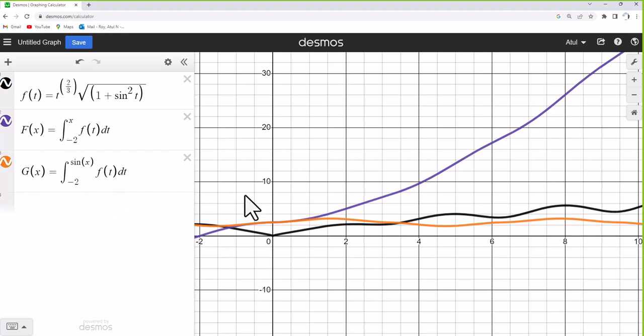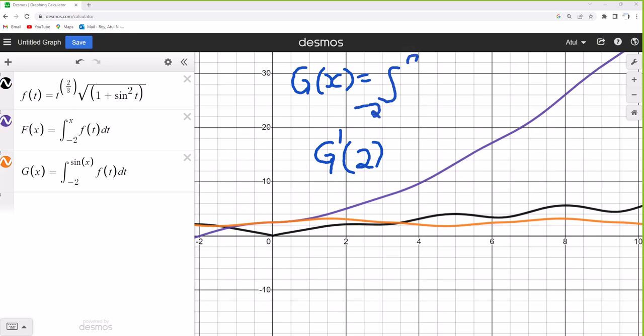Now say we would like to get the derivative of g at 2, okay? So the best thing is that notice this, we have g of x equals this.